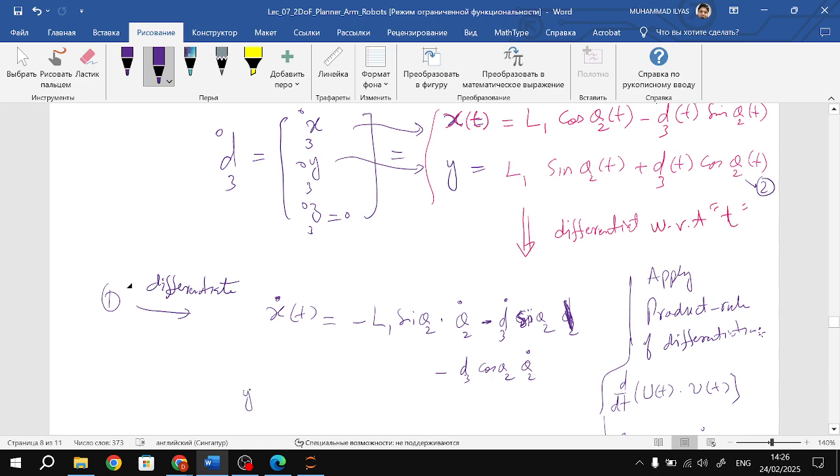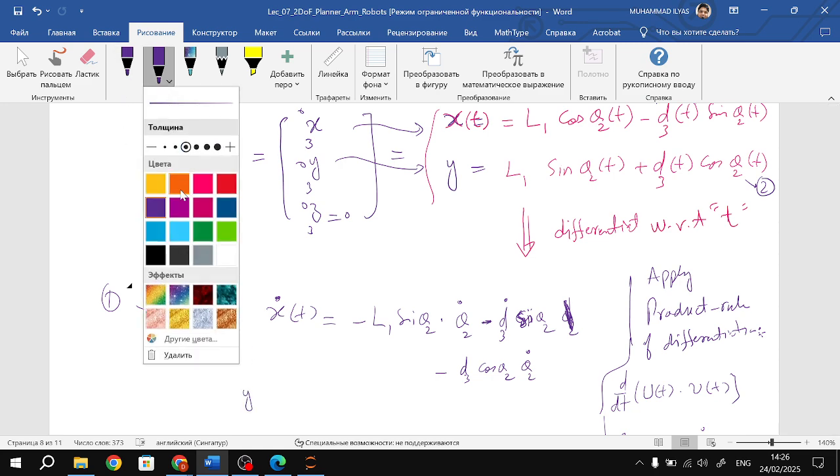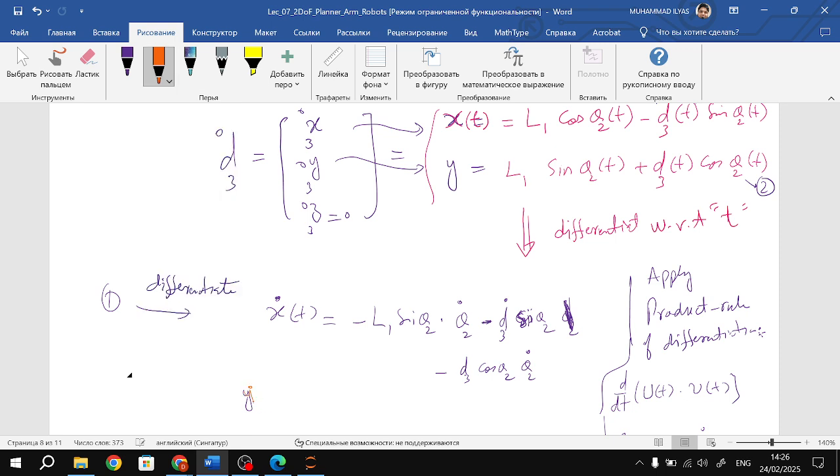So this is our first derivative. The second derivative will be similar. So y2 dot will be equal to, in the same way, L1 cosine of theta 2 dot, and then here again we say d3 dot and cosine of theta 2, plus d3 times minus sine theta 2 dot.